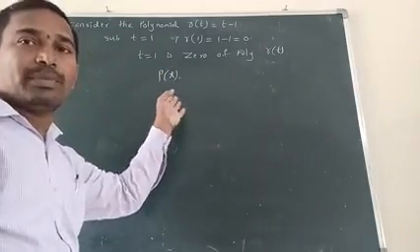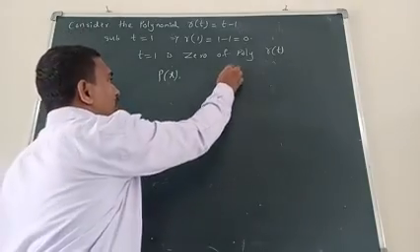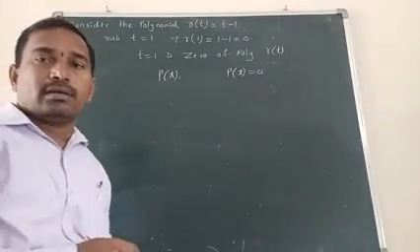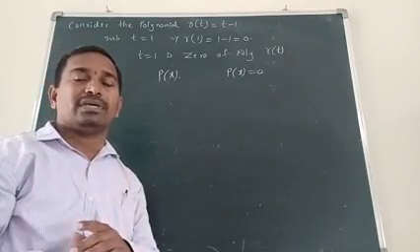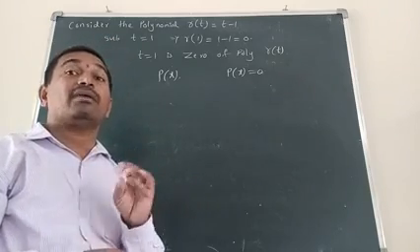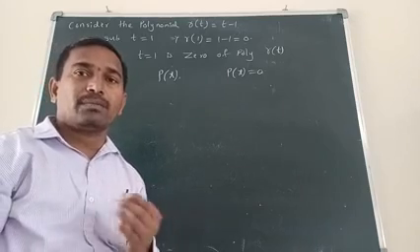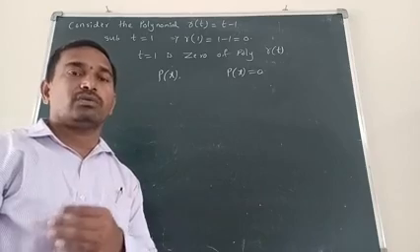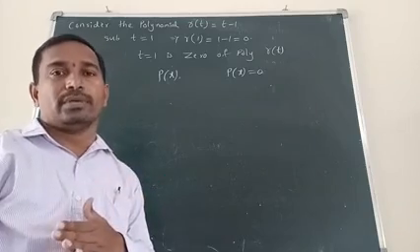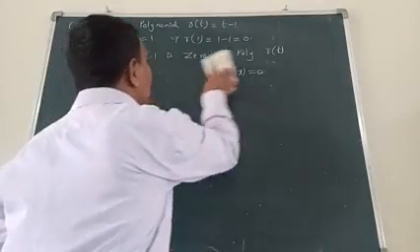Zeros of polynomial p of x are values of x for which p of x equals 0. For what values of x that polynomial becomes 0, those values of x are called zeros of the polynomial. So this is the definition of zeros of a polynomial.